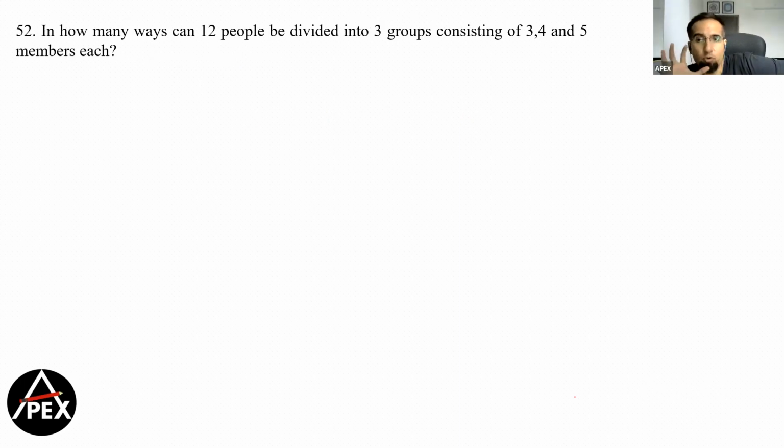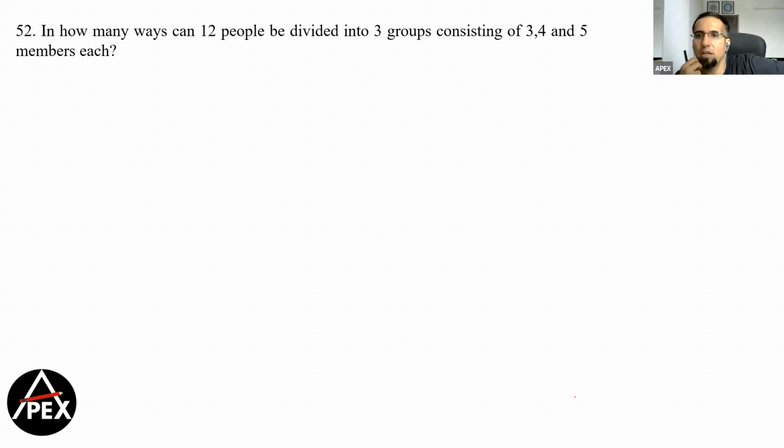Now these are the concepts of grouping here, okay? 12C1 is exactly one book.